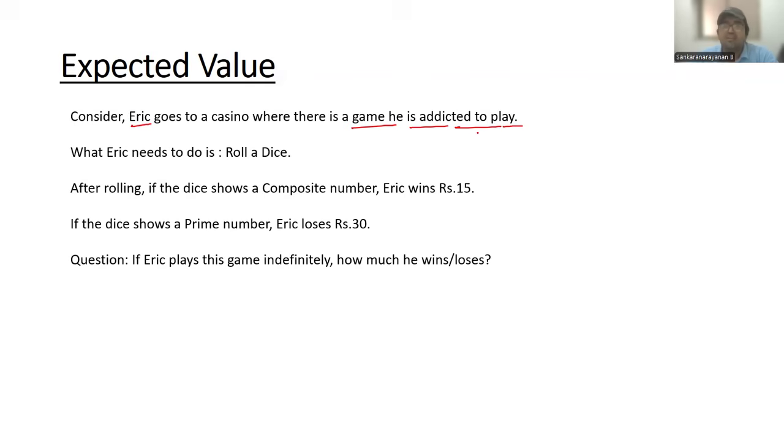What is that game all about? I'm explaining. In that casino, in the game that Eric is too addicted to playing, he just needs to roll a dice. Understand it's a cubical dice, a fair, unbiased dice. So the possible outcomes are 1 or 2 or 3 or 4 or 5 or 6.